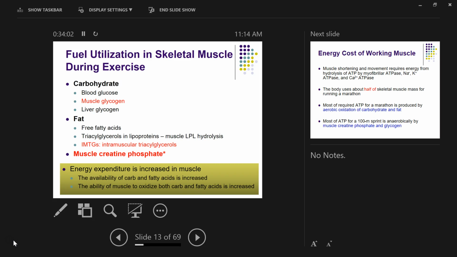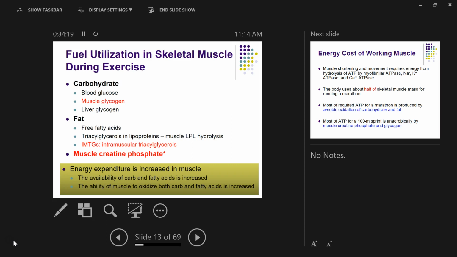But again, intramuscular triglyceride stores are also important sources of fatty acids for energy use during exercise.